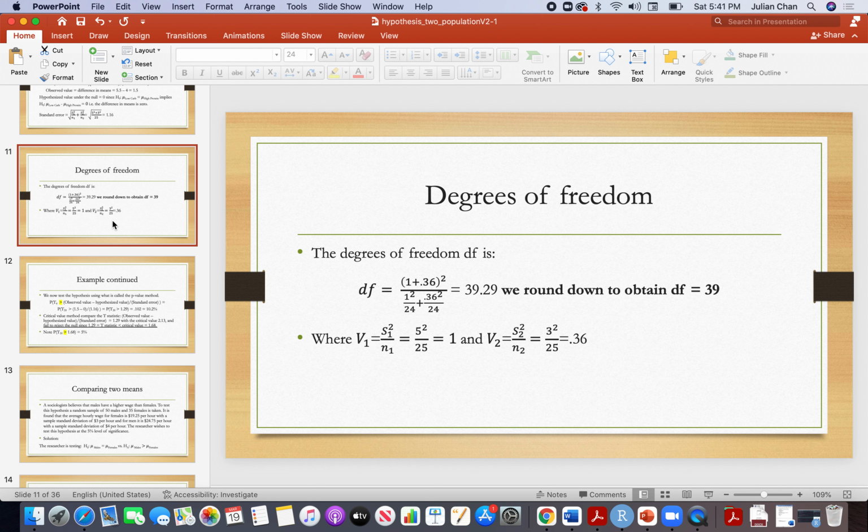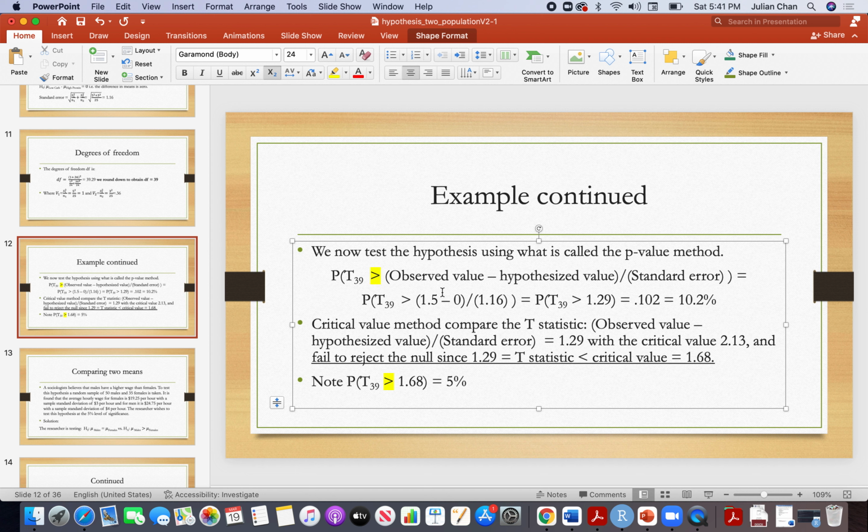We only take the integer part, which is just 39. Now we're ready to test this hypothesis. And I apologize, this should be corrected to 39 here, not 4, but it is on this line right here.